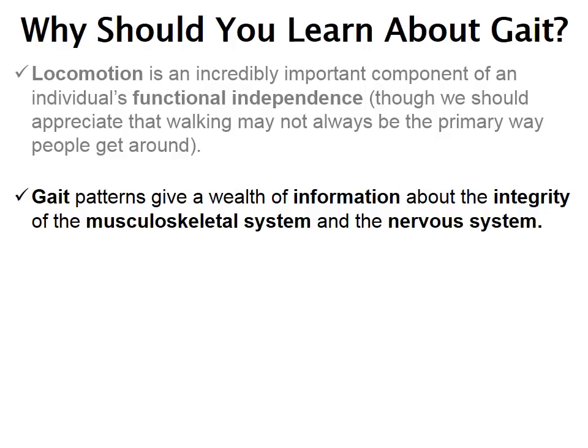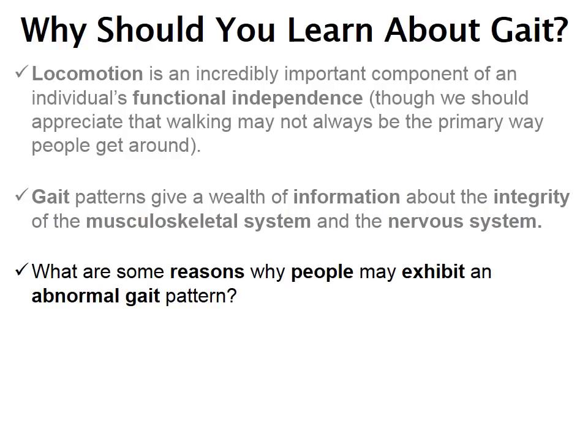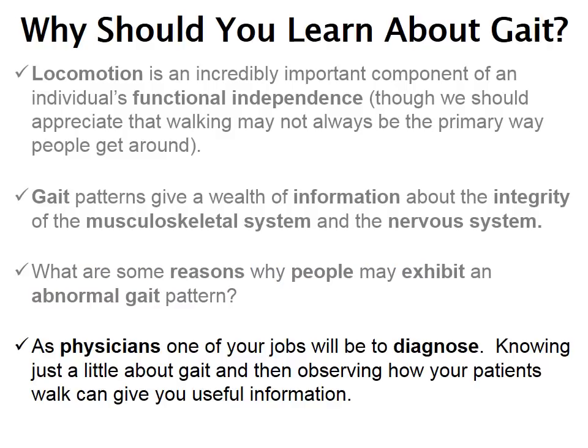And when there's a problem in either of these systems or the combination of the systems, we can tell a lot about their overall well-being. We can relate problems in their neuromuscular system to their gait, thus giving us a clue about what's intact and what's not intact. And as physicians, one of your biggest jobs will be to diagnose. So knowing just a little about gait and observing your patients will give you the improved ability to diagnose.